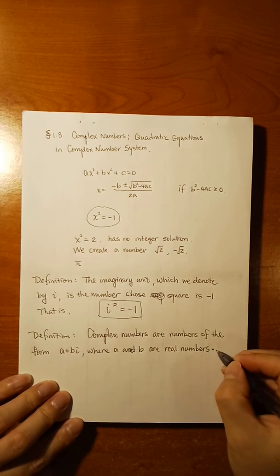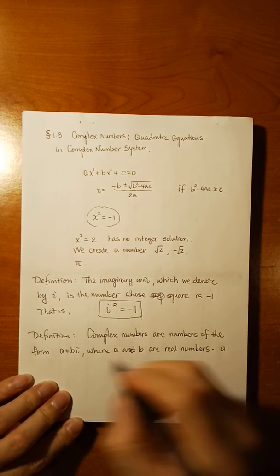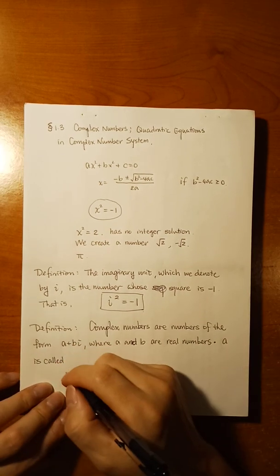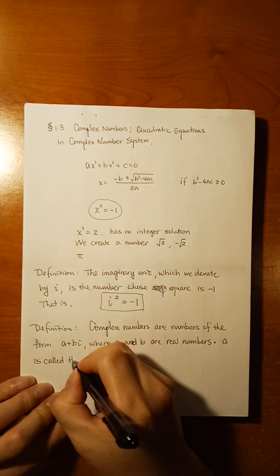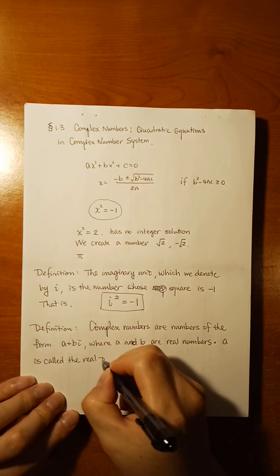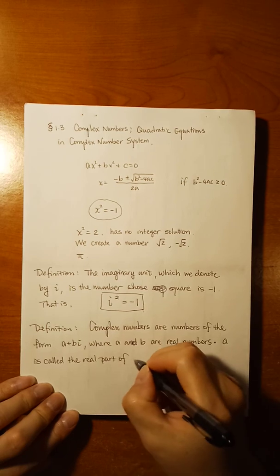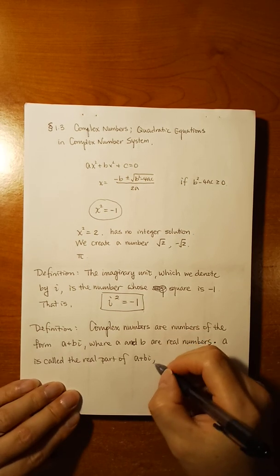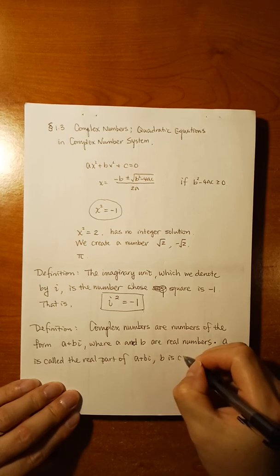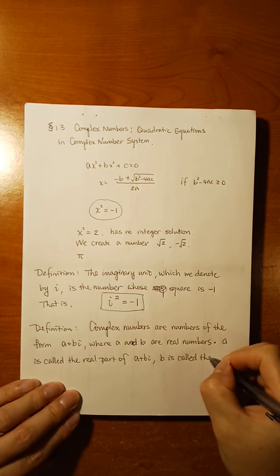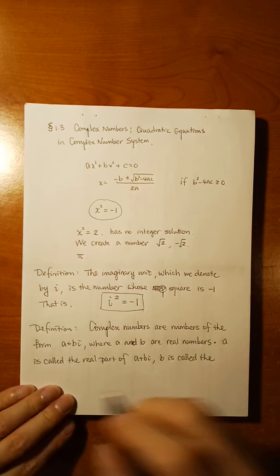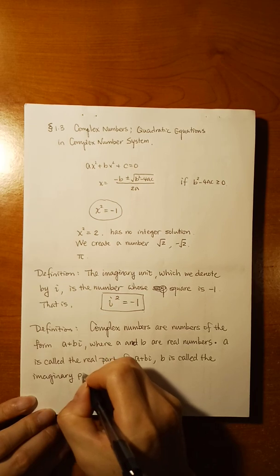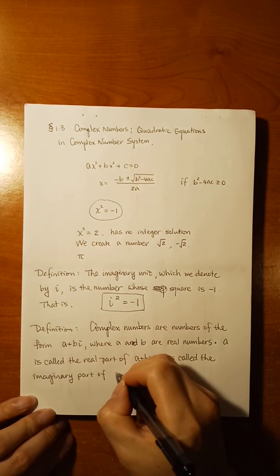And in this case, a is called the real part of a plus bi, and b is called the imaginary part of a plus bi.